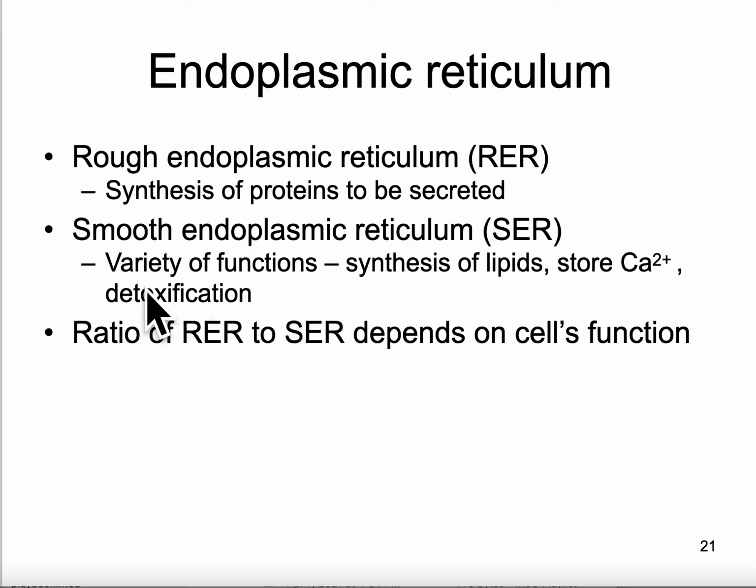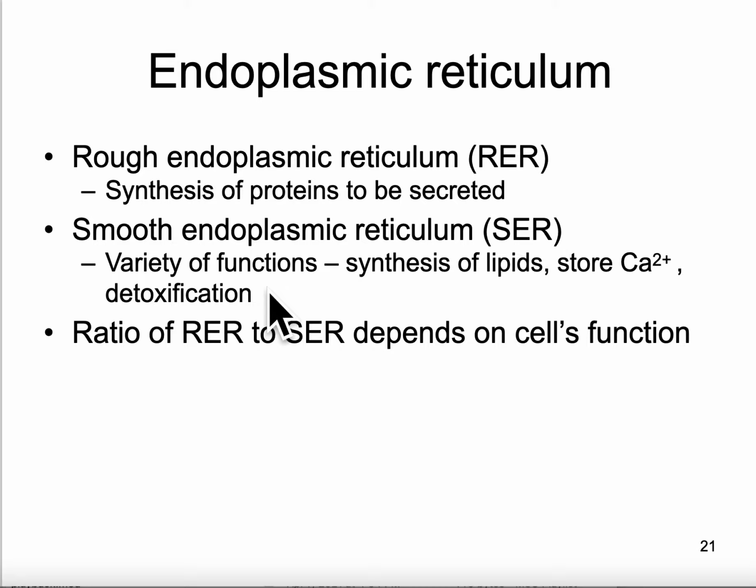And it's important for detoxification. So what that means is that there are proteins in the smooth ER that can detect toxins in the cell, and they grab that toxic molecule and they do something to it, often sticking a hydroxyl group in order to make it less toxic. So sticking a hydroxyl group makes a molecule more water soluble, which means it is easier to flush it out of the body.